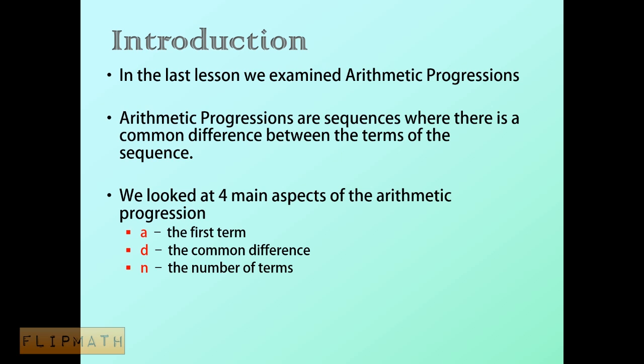We used those together to get values for certain terms by use of the nth term formula, u_n. And we also looked at how to get the sum of all the terms in a series, called S_n.